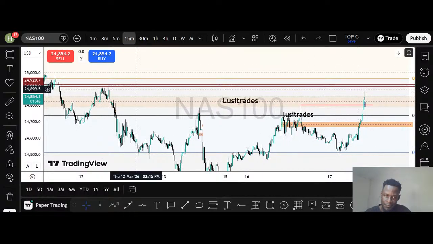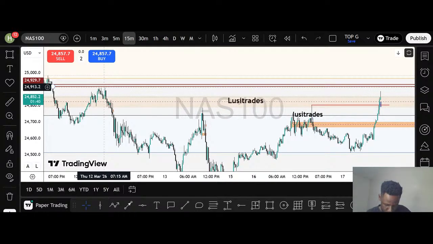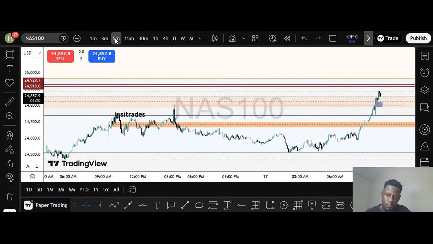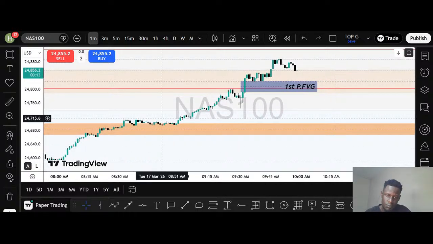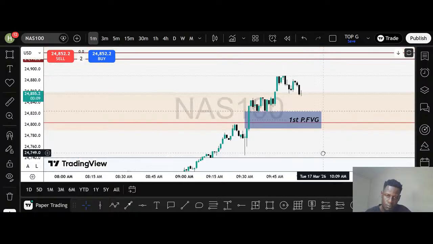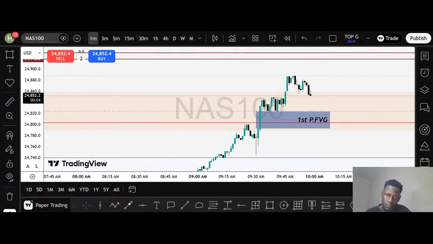So remember these levels, we are also having these relatively equal highs. Who sold? Are you short, Caleb?